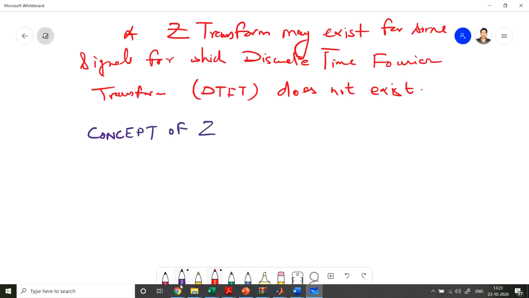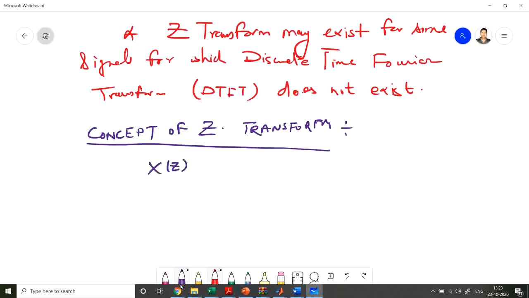The Z transform of a discrete time signal is defined as X(z), equal to the summation from n equals minus infinity to plus infinity of x[n] z raised to the power minus n. This is equation number 1.